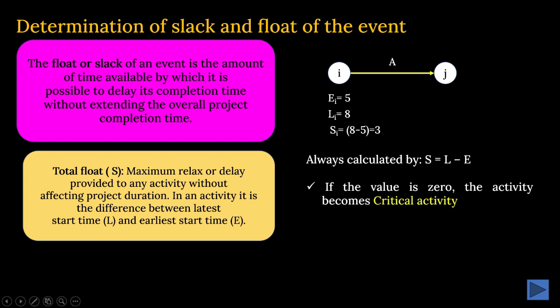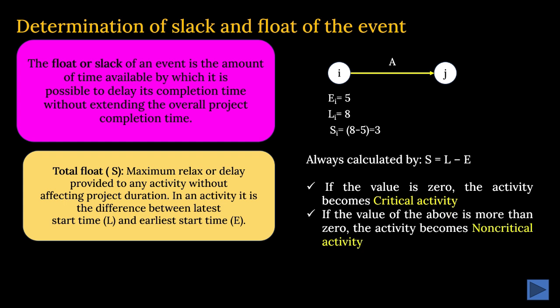Now, consideration. If the value is 0, the activity becomes a critical activity. Remember this, because we will work on these further in the next session. If the value of the above is more than 0, the activity becomes non-critical.